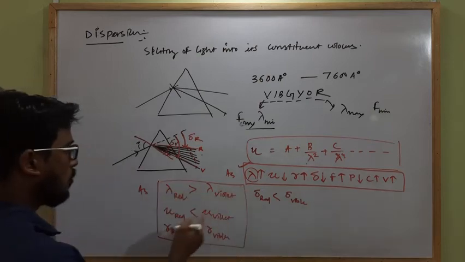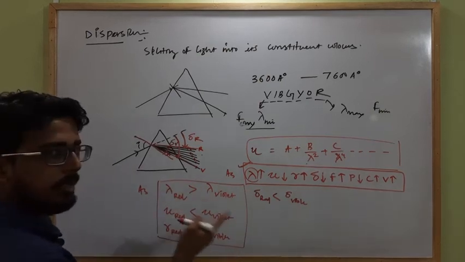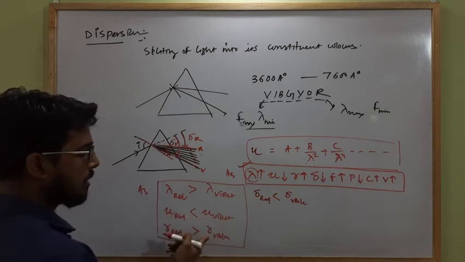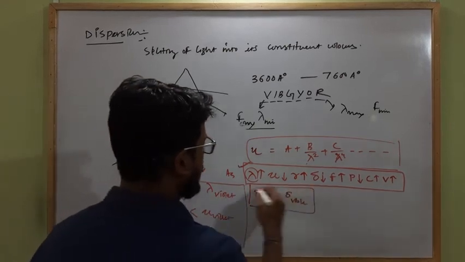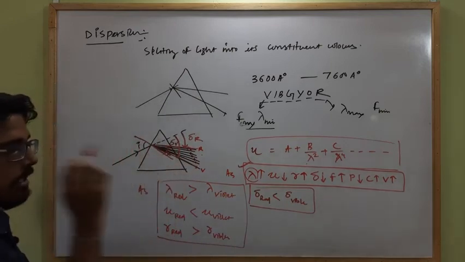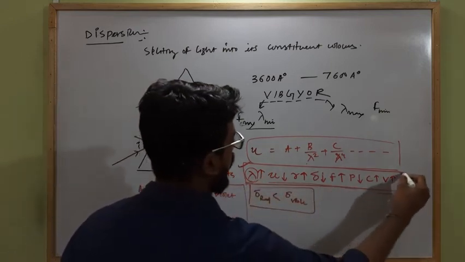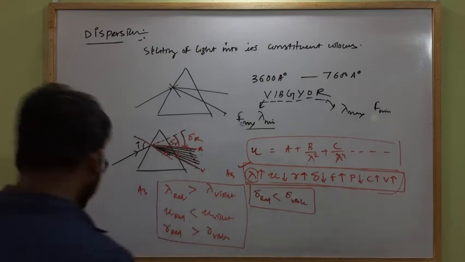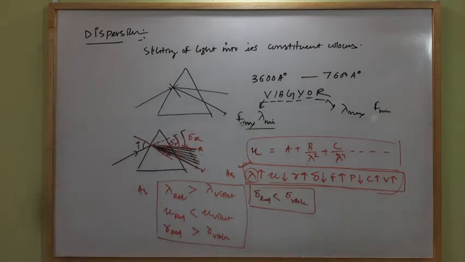Wavelength of red is more, so refractive index of red for a given medium is less than that of violet. Angle of refraction will be more than that of violet, and angle of deviation is less than that of violet. And this is the relation between all the variables and the wavelength. Clear? So next we will study what is angular dispersion.